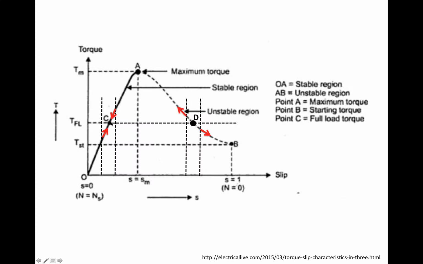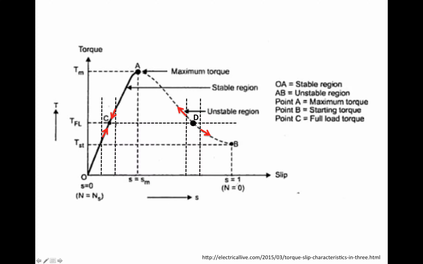Let's look at point C in the stable zone. The slip is at SC, suppose. If for some reason the slip increased by a little bit, to this particular location, then the torque is going to increase.